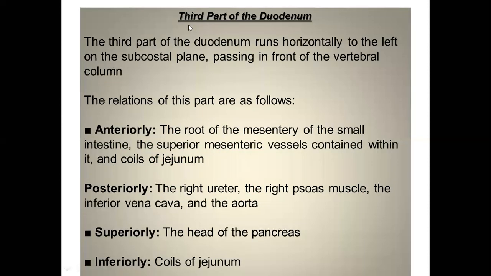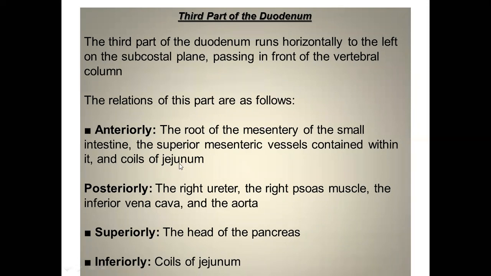Now, in terms of relationships of the third part of the duodenum, anteriorly we have the root of the mesentery of the small intestine, with the superior mesenteric vessels contained within it. It is very important to remember that this part of the duodenum has its own mesentery, the root of the mesentery, which contains the superior mesenteric vessels.